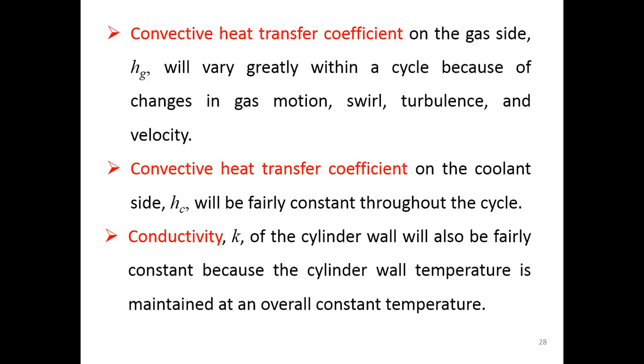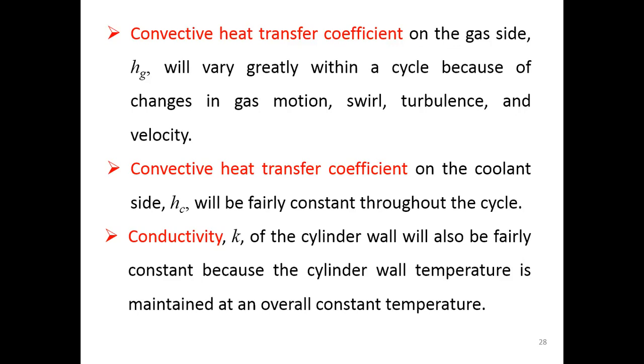The convective heat transfer coefficient on the coolant side, the same as the coolant temperature, is fairly constant throughout the cycle. So inside fluctuating, outside just keeps calm. No matter what happens inside, outside always tries to be calm.